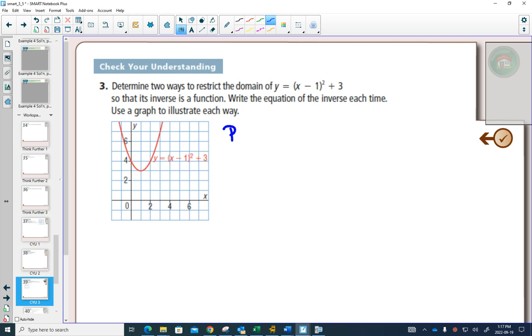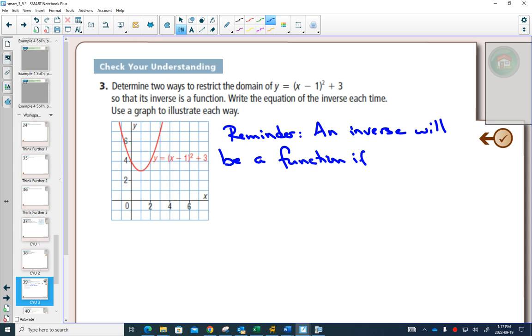And just a reminder, an inverse will be a function if the original graph passes the horizontal line test.